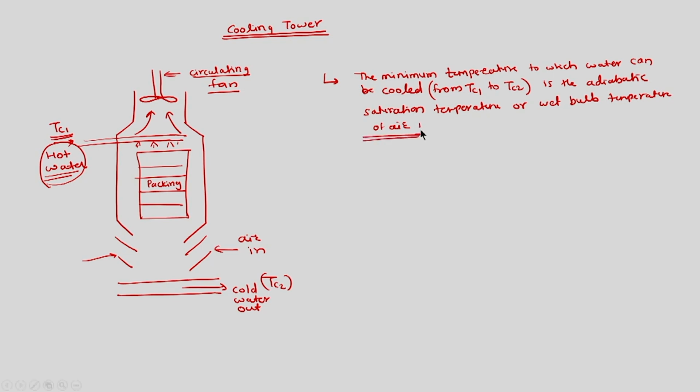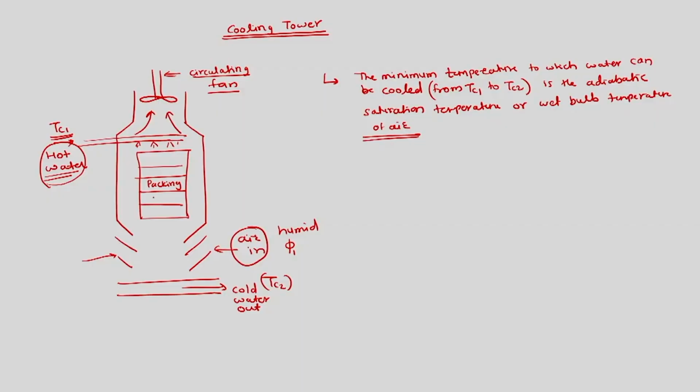So this point is very much to understand, that the air which is coming in is already humid. It will have certain phi 1, and then this phi 1 of air, after having mixed and transferred heat from the water, will have certain phi 2.